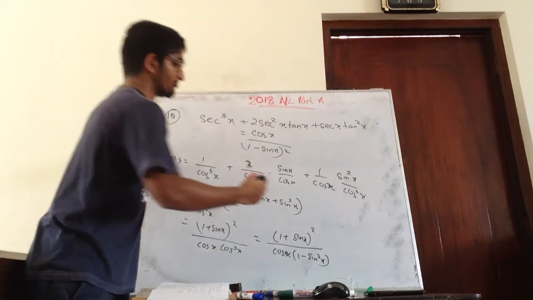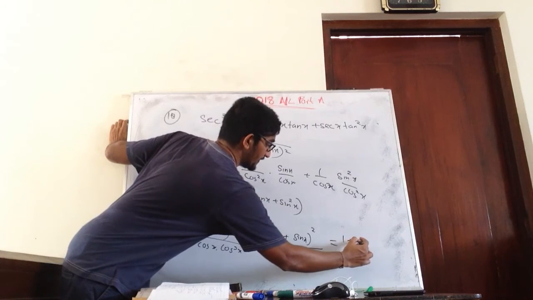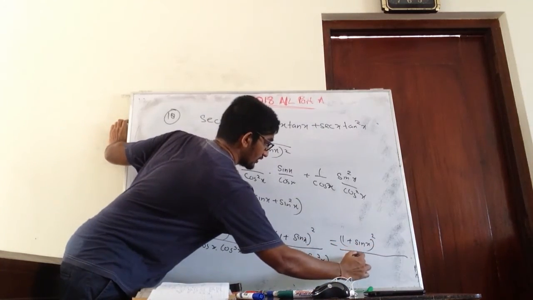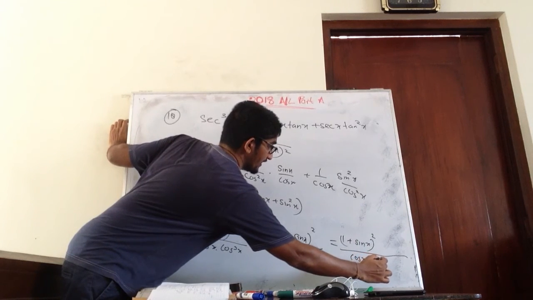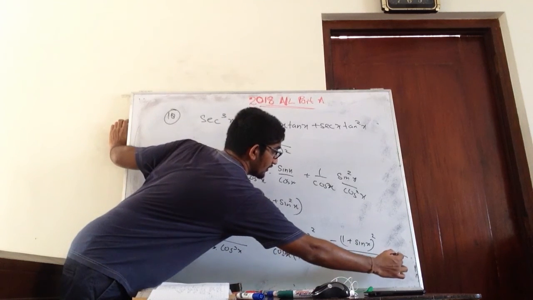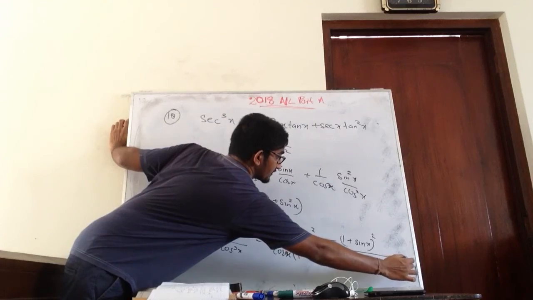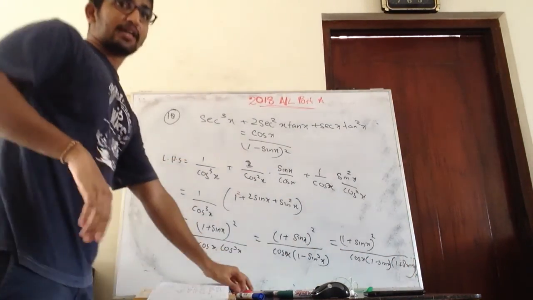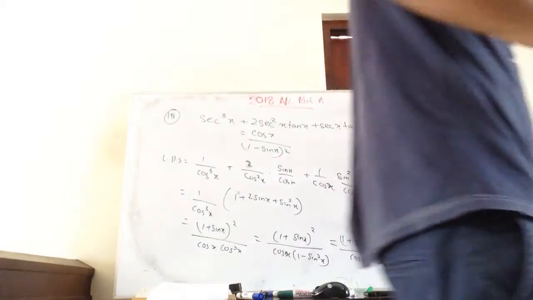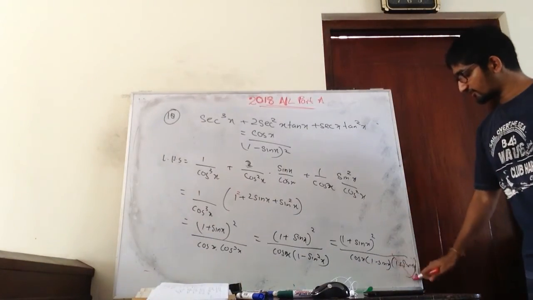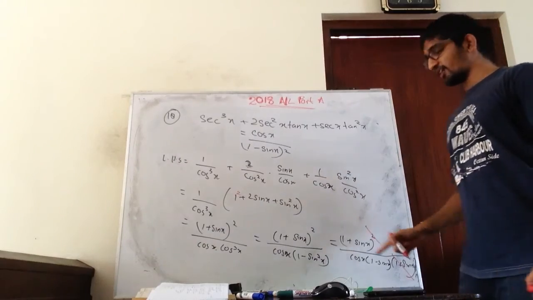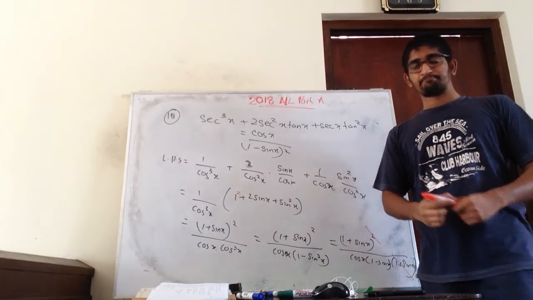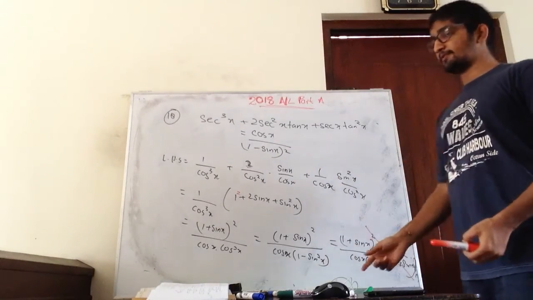Correct? Then I can write this as (1 plus sin x) squared over cos x (1 minus sin x)(1 plus sin x). Now I can cut this 1 plus sin x with one of the squared terms, and the 1 minus sin x is not equal to 0. So yeah, we come up to here.